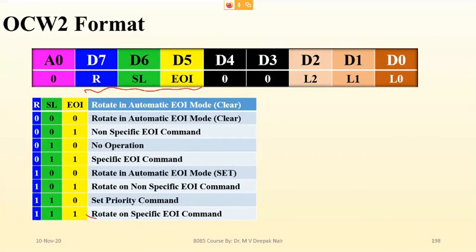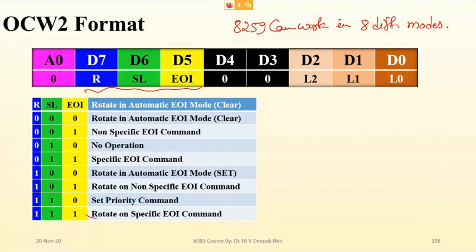Remember, 8259 can work in 8 different modes, and in which mode that particular 8259 is working, in the OCW2 we can configure these three bits, D7, D6, D5, and we can drive that particular IC into that particular mode.